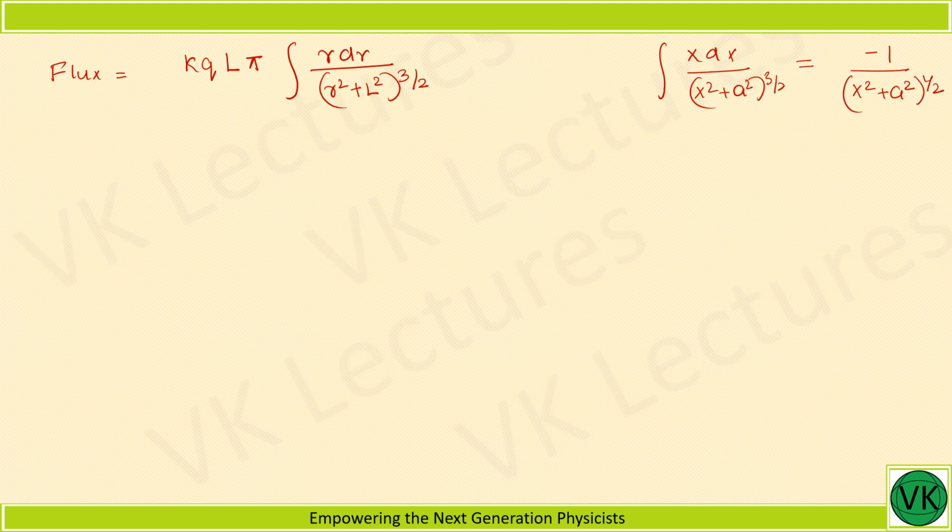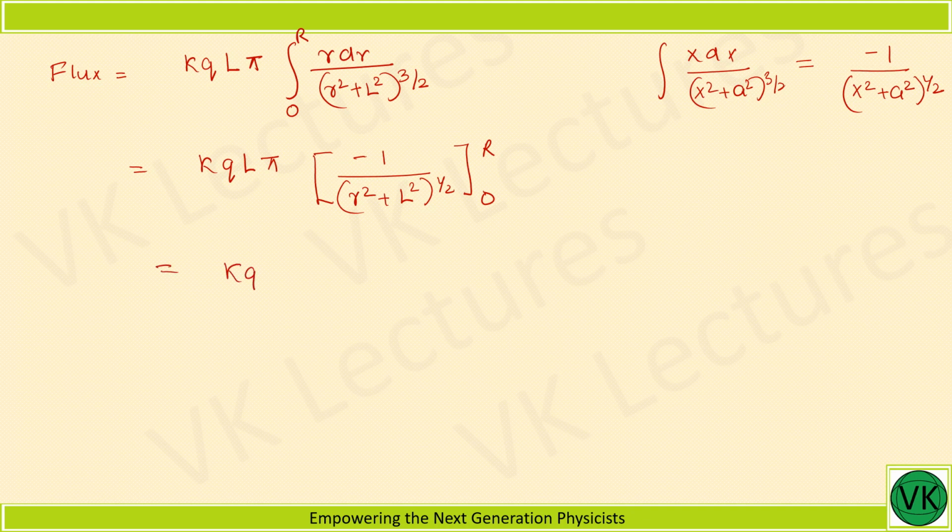So here again we have this from 0 to capital R, so that's equal to kql times pi, minus 1 divided by r square plus L square whole to the power 1 by 2, from 0 to capital R. Since it is a minus sign, we can go with the 0 limit first.